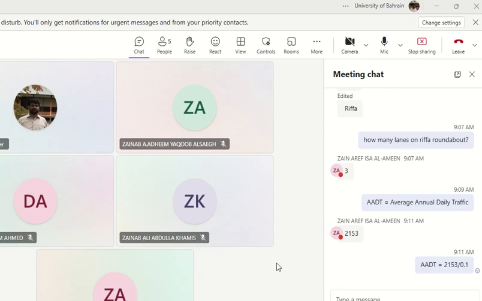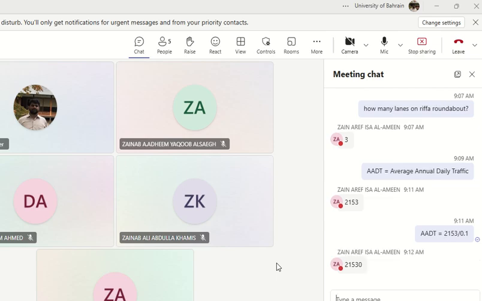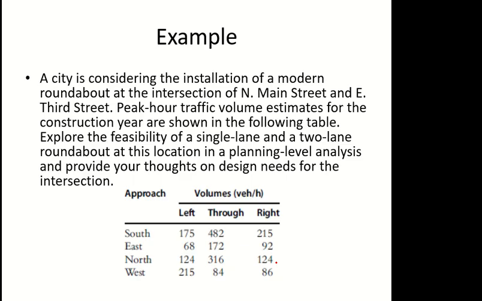How much is that? Okay, so this is per day now, and as I said, this can be 10%, 11%, 12%. This is the normal range.